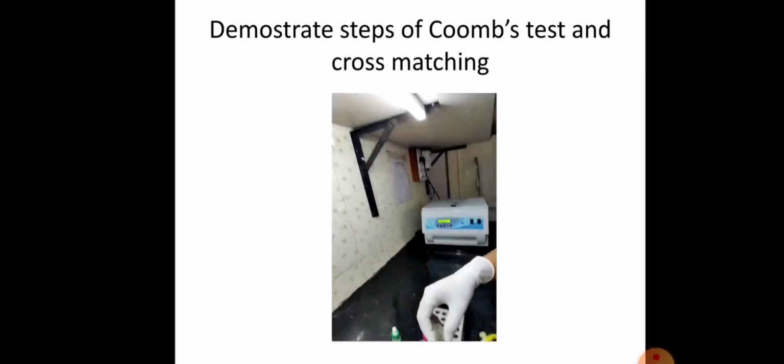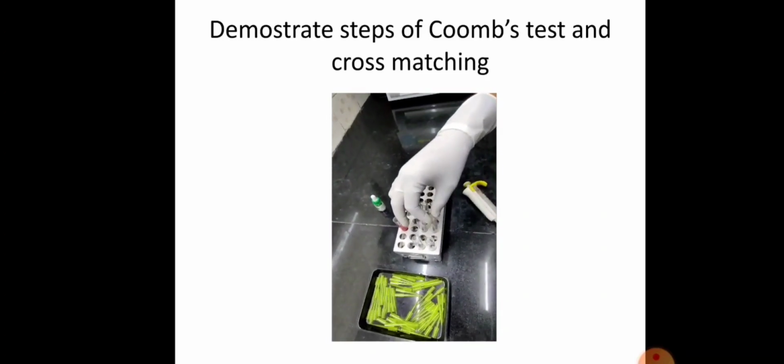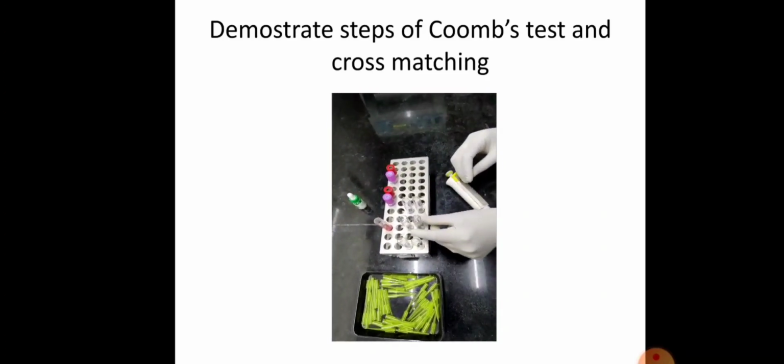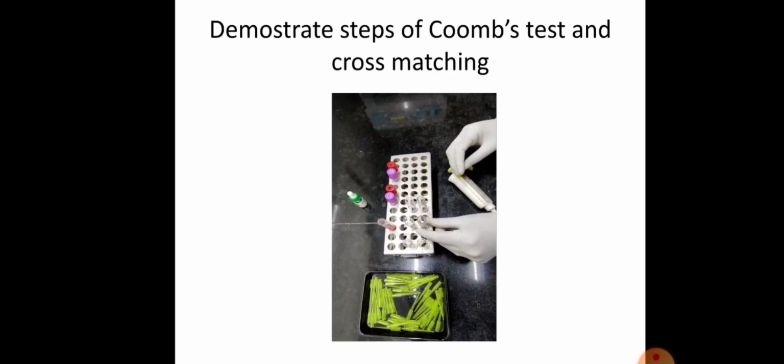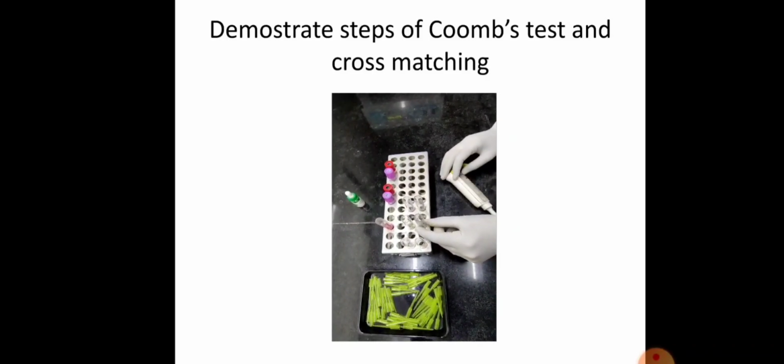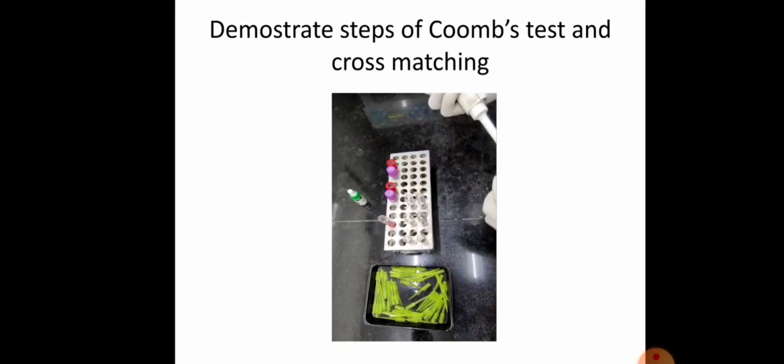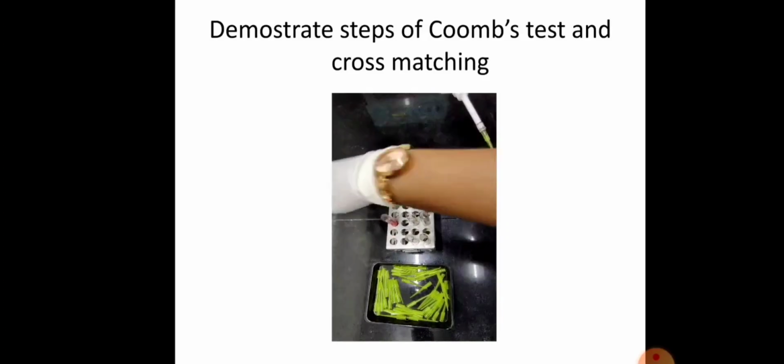If a negative result is obtained, then wash the red cells thrice in saline. After the third washing, add 1 volume of anti-human globulin reagent to it.